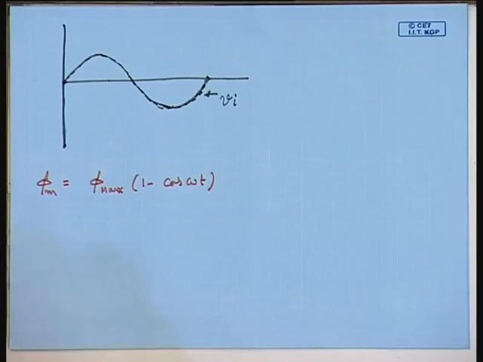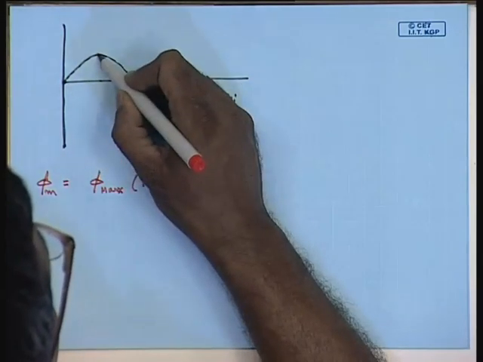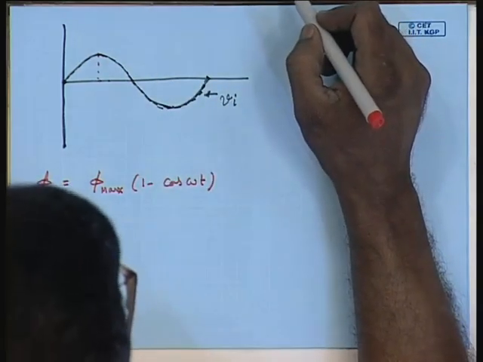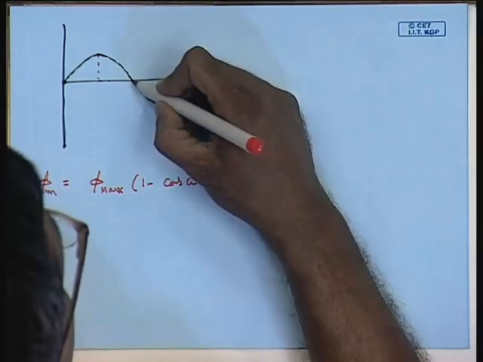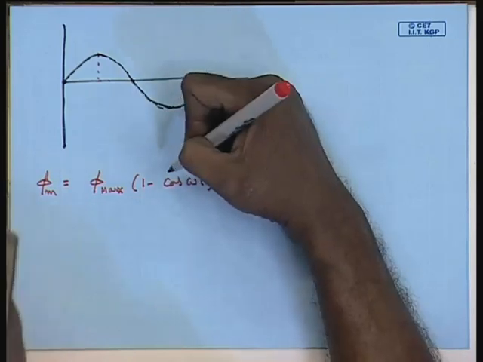At t equal to 0, it was 0. At omega t equal to pi by 2, it will become phi max, and at omega t equal to pi, it will become 2 phi max.